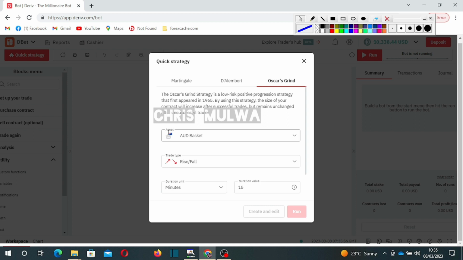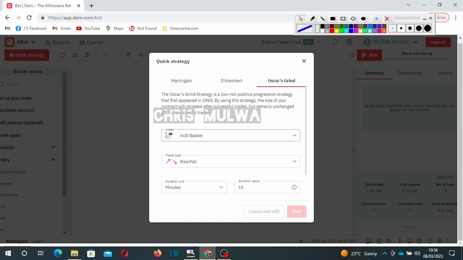We are going to run the bot here. You'll see how this works. So this one increases when the bot is winning, and then reduces when there is a loss. Remember, Martingale, when there is a loss, it increases the contract, that is the stake.